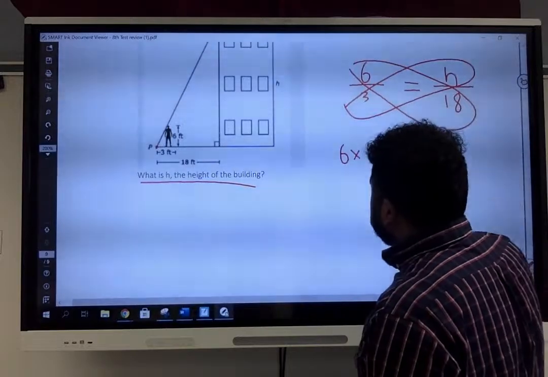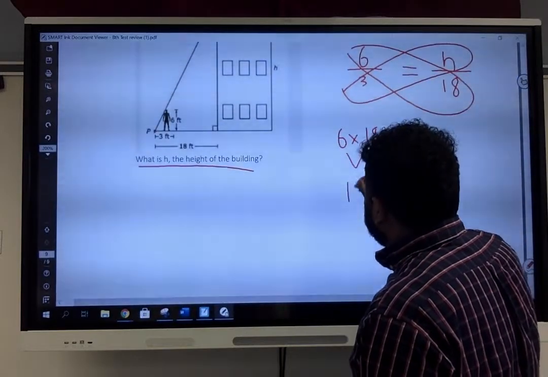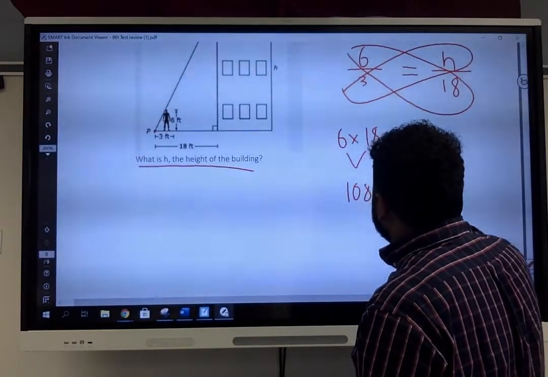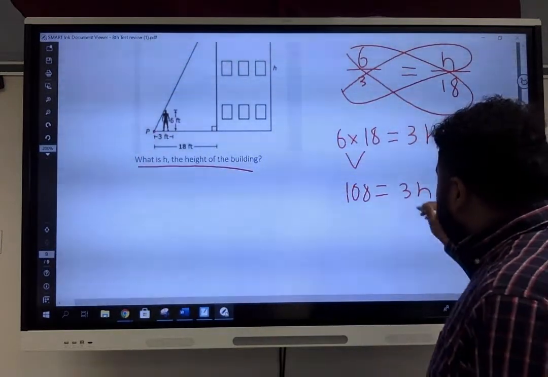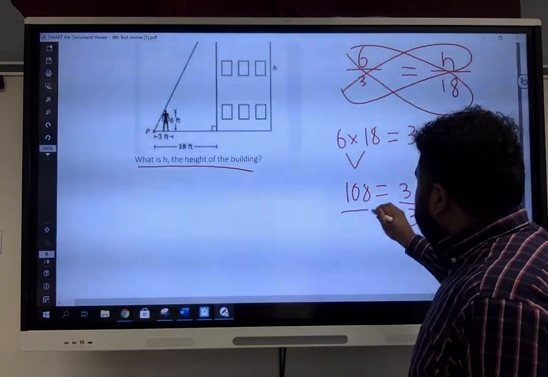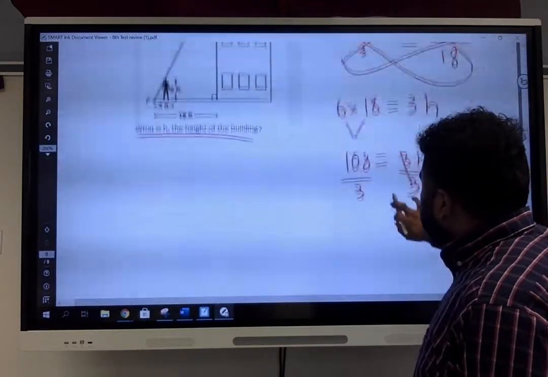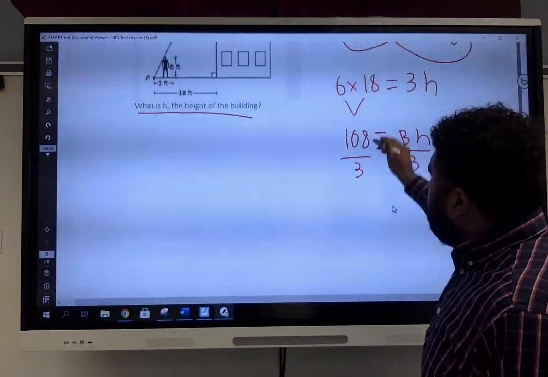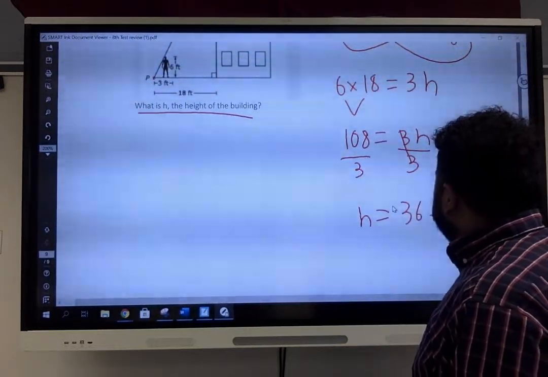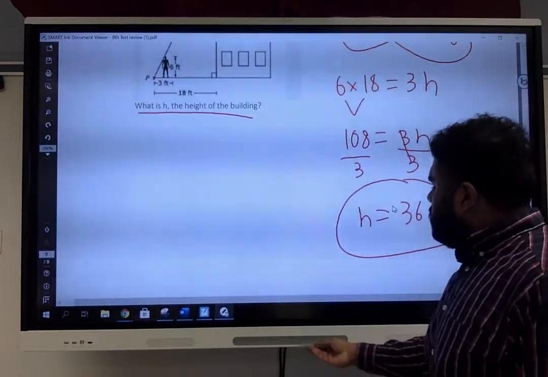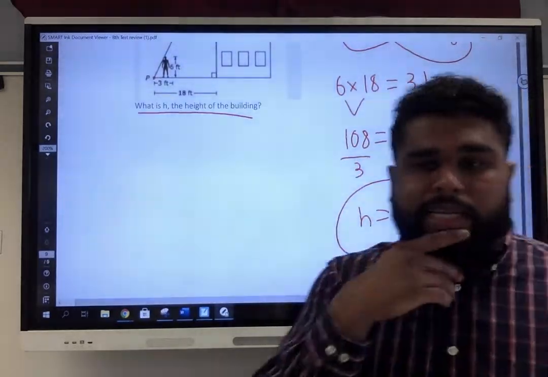Now, I'm going to do 6 times 18, which turns into 108 equals 3H. To get H by itself, to solve for the height, I would divide by 3. Okay, so these cancel out. 108 divided by 3 equals 36. Okay, so that is how you set up a proportion and solve for the missing side or length.